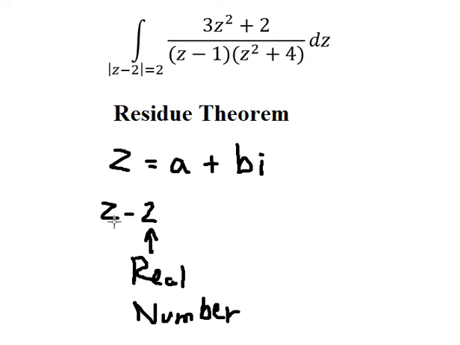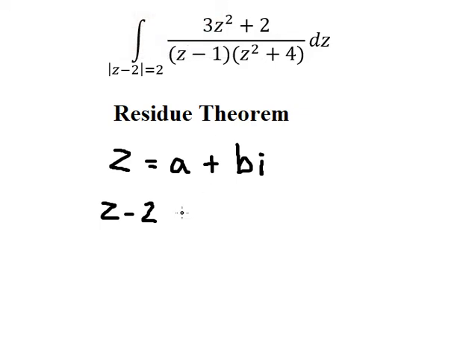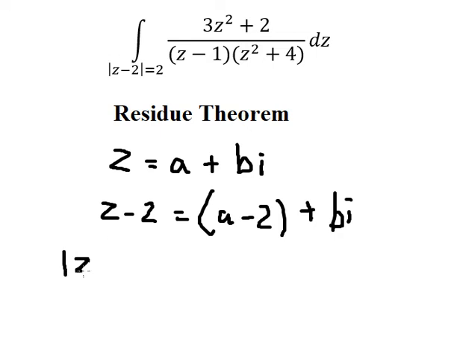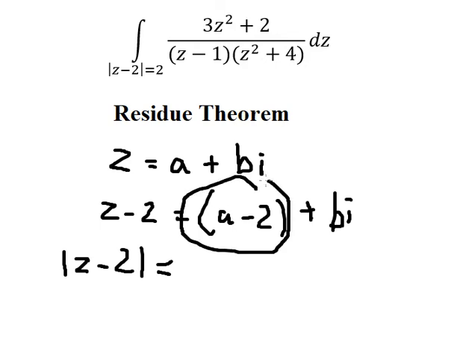Now, if we put it like this, we have a, the real number, with negative 2, and we have bi. Because this is inside the absolute value, it should be like this.